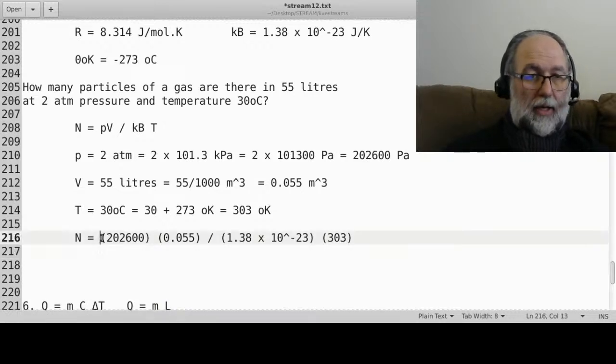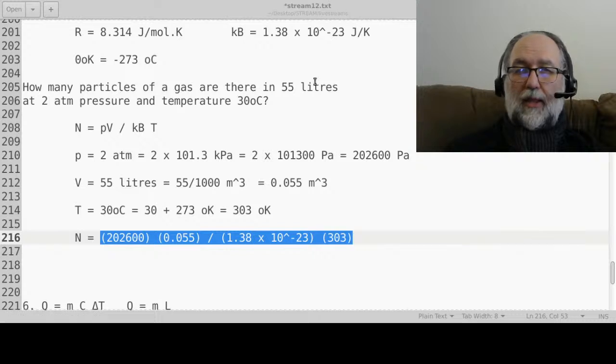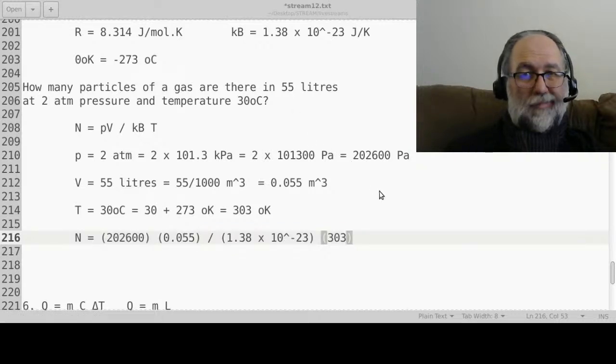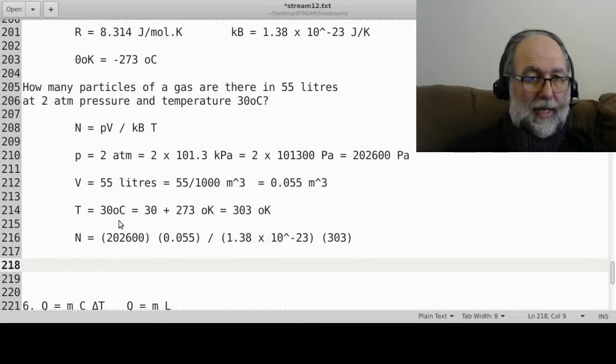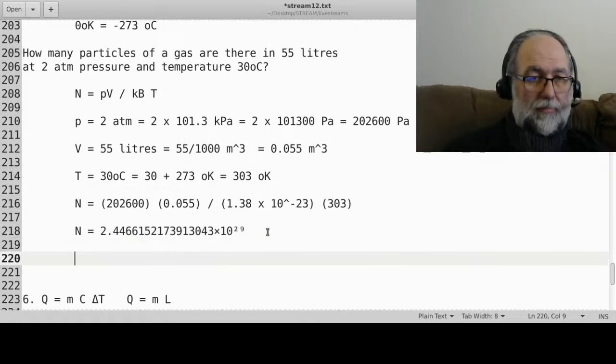All right. And what does this work out to? Your answer should be somewhere in the range of like 1 mole. Not exactly, but somewhere in that range. And this is the number I'm getting. It's actually a little bit more than 1 mole. Let me round that off: 2.45 times 10 to the exponent 29.